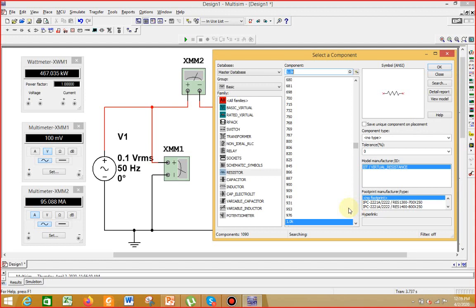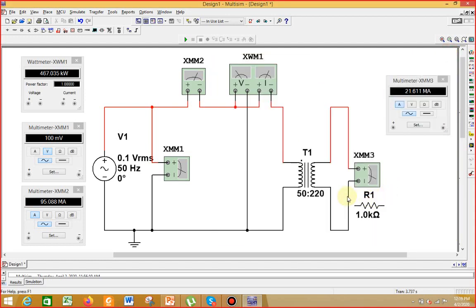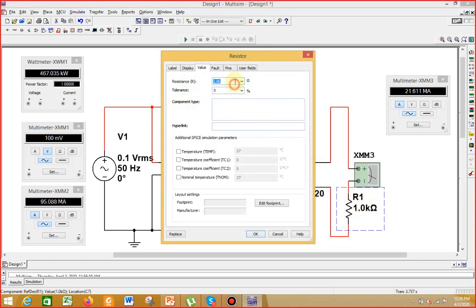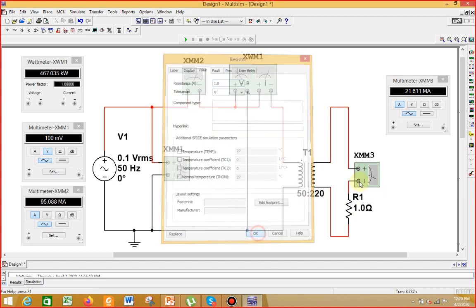Place any resistor over here. Because this is a simulation, a lot of power is going through it. So just make this resistance 1 ohm, the minimum resistance. Okay.